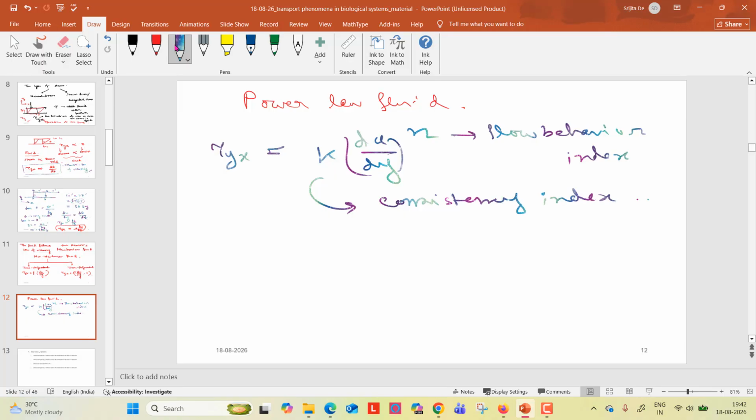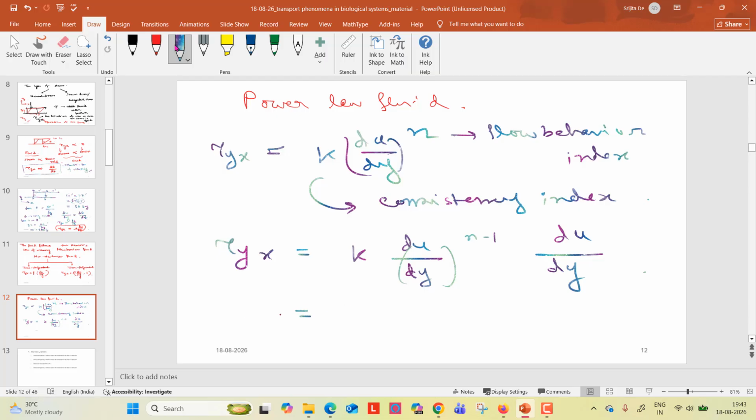Now we can write tau_x equals k into (du/dy) to the power n minus 1, into du/dy, right? We can write it like this.